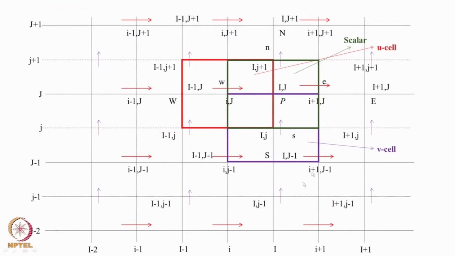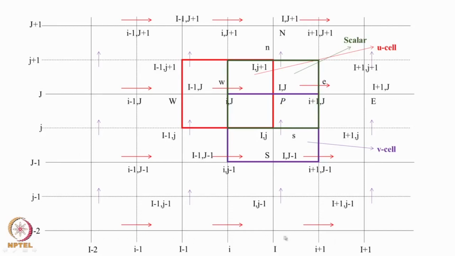So, in this figure, which is a repeat of the previous figure but with the nodal locations also marked, you have a mesh and nodes marked. There are 2 different types of letters used, one is a capital letter and another is a small case letter. I is for the x direction and j is for the y direction.